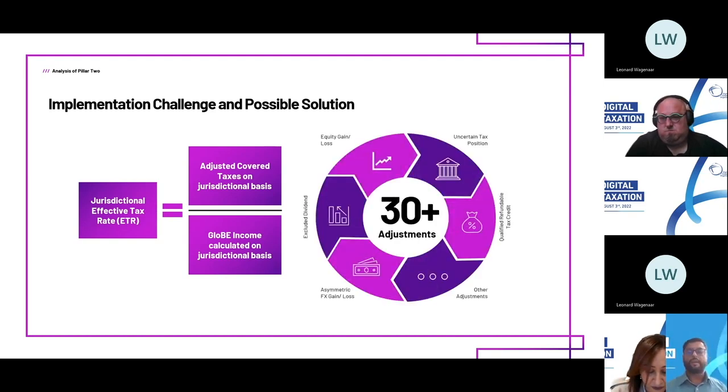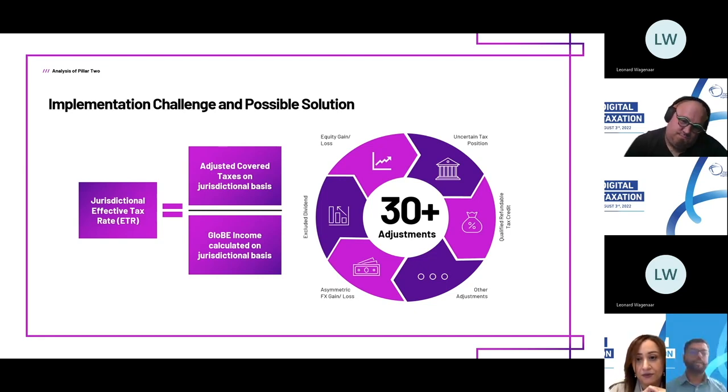Some of them are tax to book adjustments, like timing differences, and some are adjustments specifically designed to exclude, like, shipping income from the GloBE income. So there are more than 30 adjustments to be made to the numerator and denominator in the formula taken together. This is going to be quite a mammoth exercise.